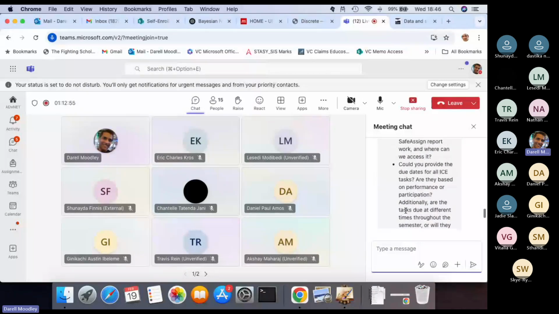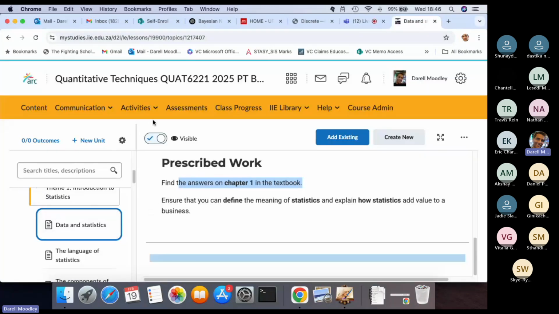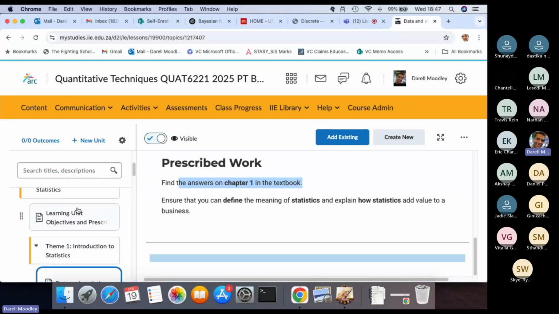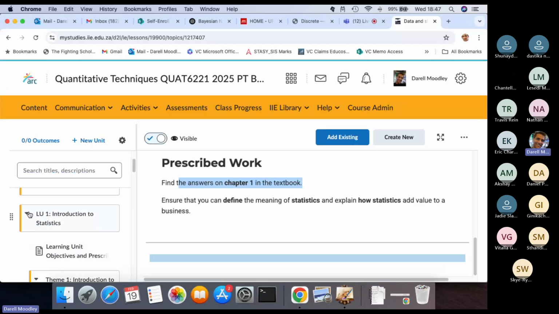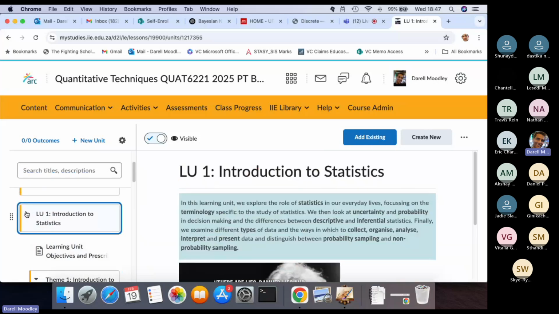Provide the due dates. All due dates are on the calendar. I know one student already contacted me about it, so students should have access to it. If you go to ARC and go to the calendar, you'll see all of it there. Let me make it easier for you. I'm assuming everyone can still see my screen.